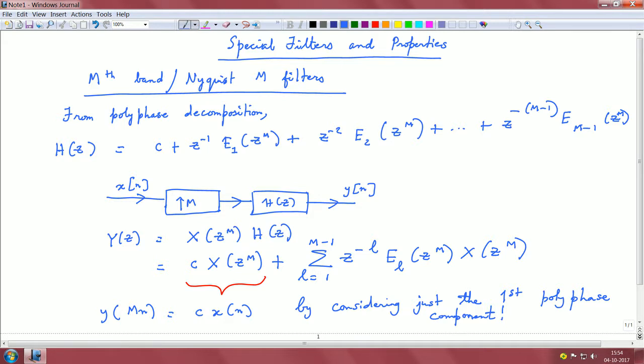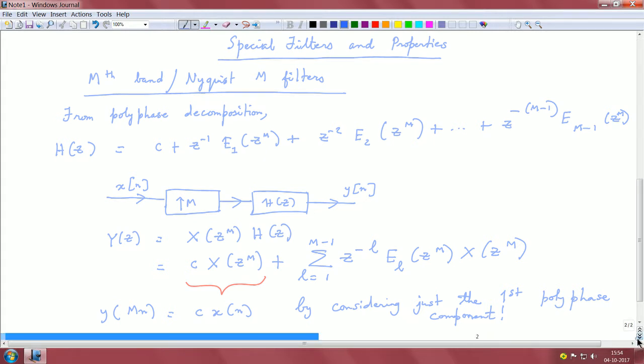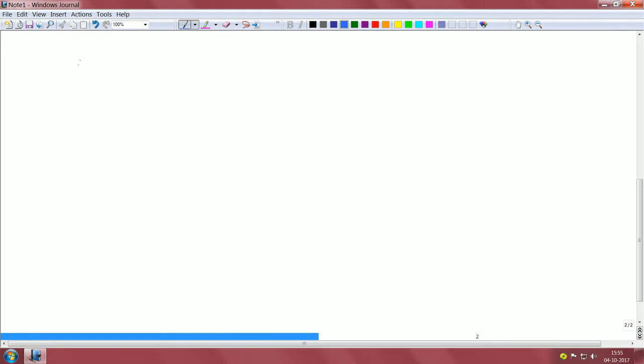Okay. Now let us go a little further. Suppose h of Mn is c when n equals 0 and 0 else. The first sample for this filter is non-zero and everything else is 0.